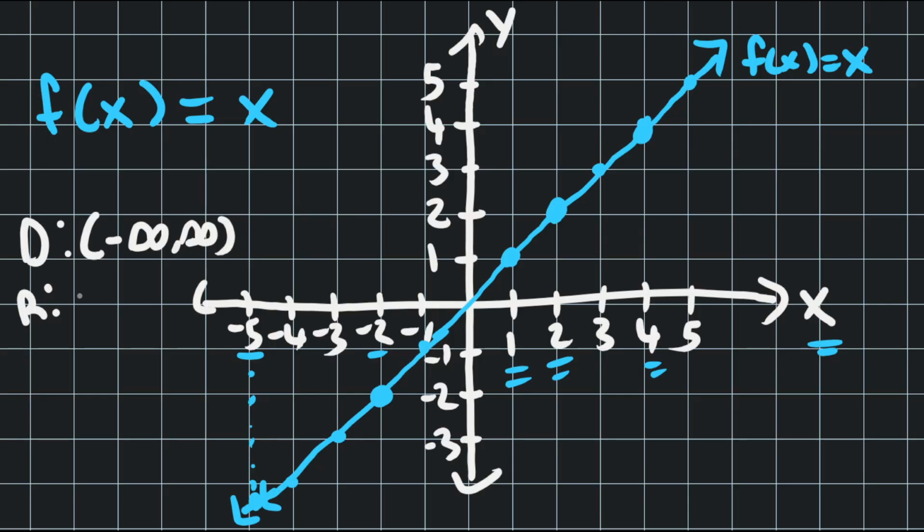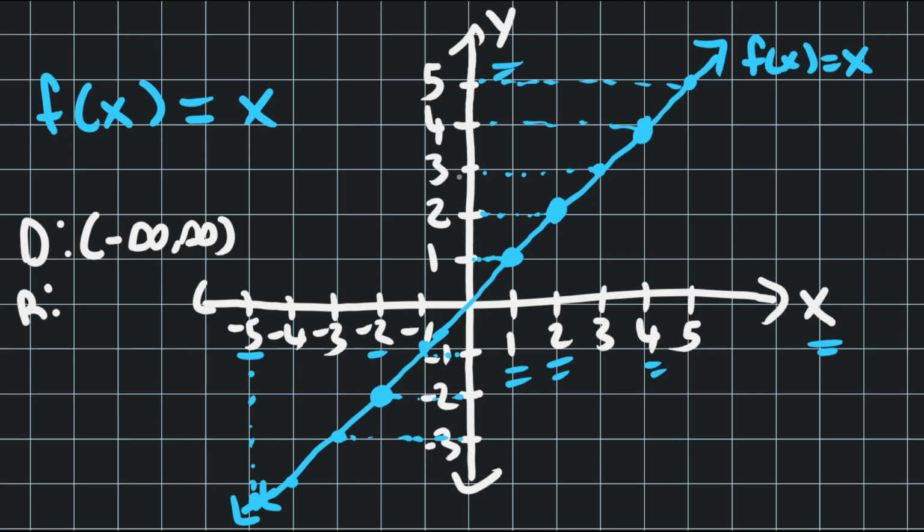Good, now what about the range? So the range, if we look at the y-axis now, what values of y can land on this line? So y can be 1, because there's a place for it on the line. Y can be 2, y can be 3, y can be 4, y can be 5, y can be negative 1, it can be negative 2, it can be negative 3, and beyond.